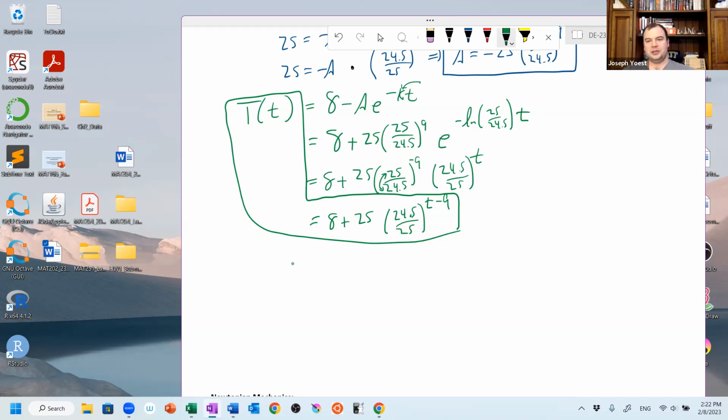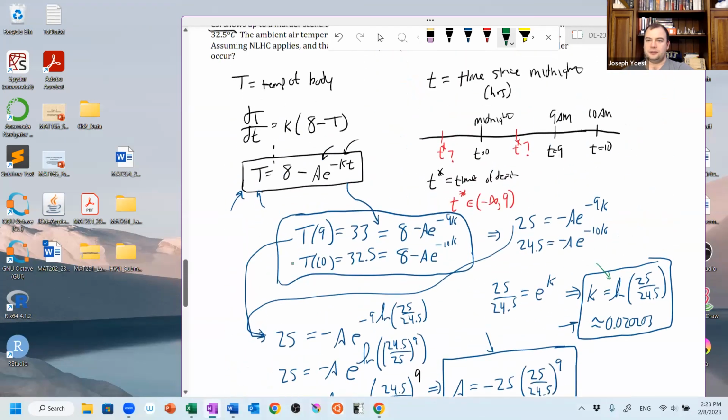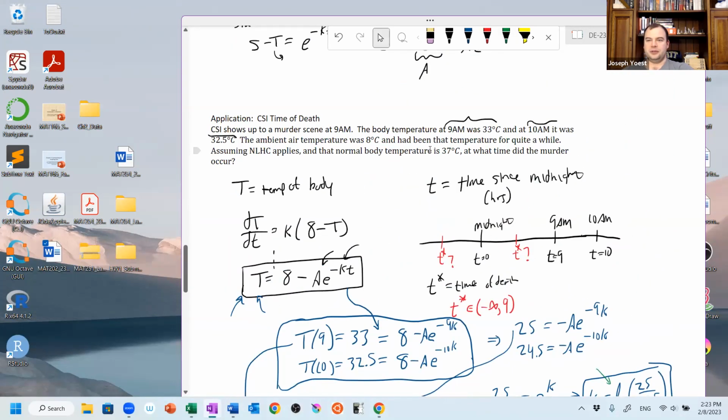So this is the temperature at a given time. Now, what's my goal? Find T star such that T of T star equals 37. So the idea is that normal body temperature is 37.